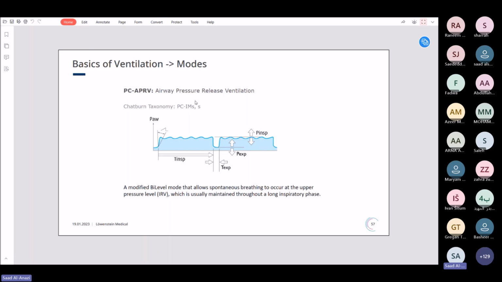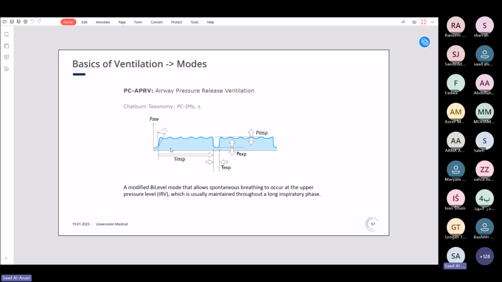So the advanced mode here, APRV, as you know, is a very advanced mode. It's a modified bi-level mode that allows the spontaneous breath to occur at the upper pressure support level, which is usually maintained throughout the long inspiratory phase. That means the patient will breathe spontaneously with pressure support in the upper level.